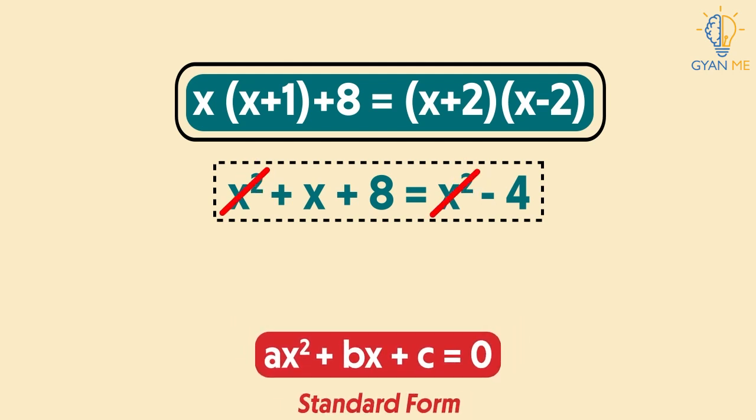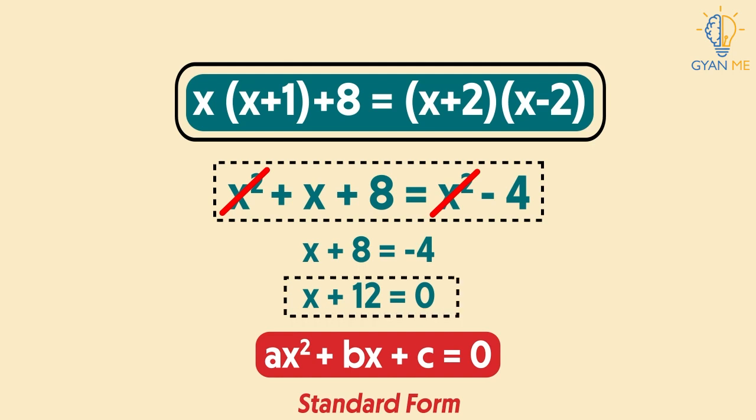And we will be left with equation x plus 8 is equal to minus 4, which on further simplification comes down to x plus 12 equal to 0. Now if we compare this equation with a standard form of quadratic equation, we find that it is not a quadratic equation.